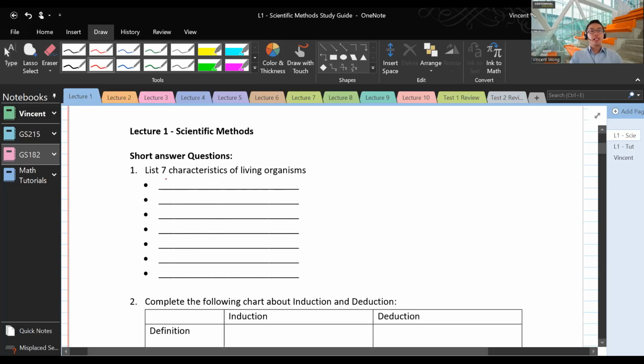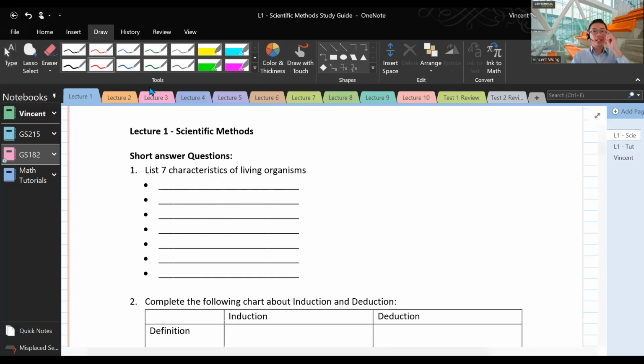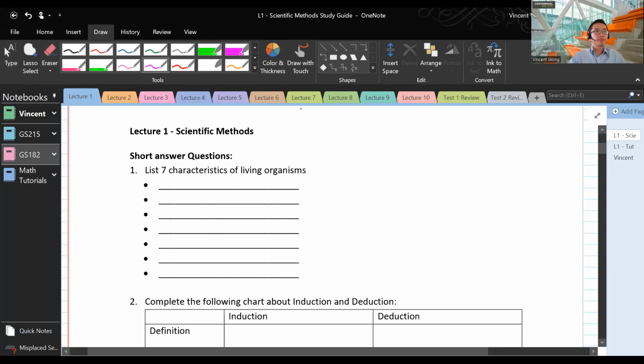So here we go. List 7 characteristics of living things. Anybody want to give me some examples of characteristics of living things? You can just type them in the chat box. Okay, very good. There is the first one. They exhibit order.